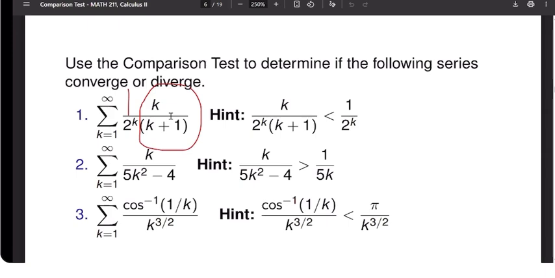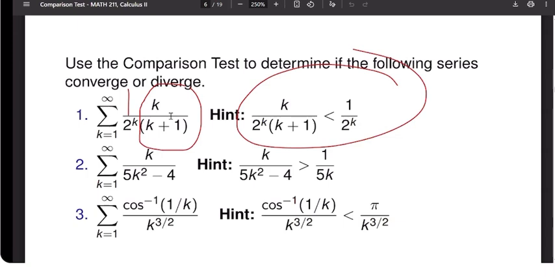In that regard, it's like I'm using a fraction to multiply this. When you use a fraction to multiply a number, what is going to happen? The number is going to go down. It's going to decrease. That was how I know 1 over 2 raised to power k would be greater than this guy.